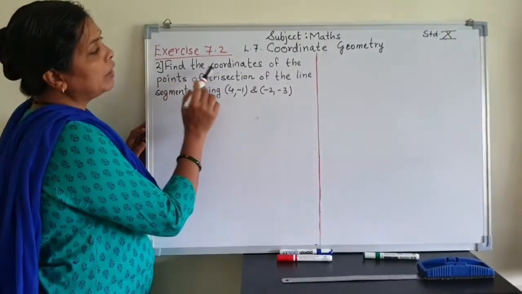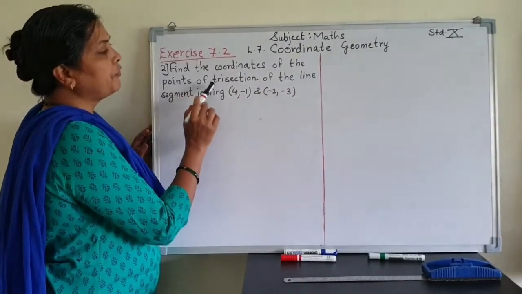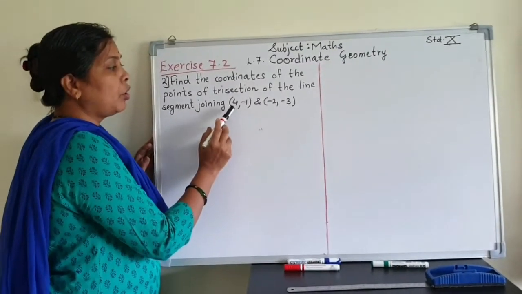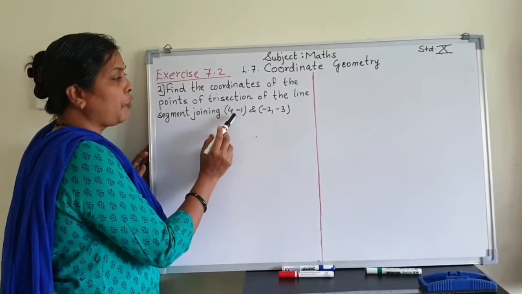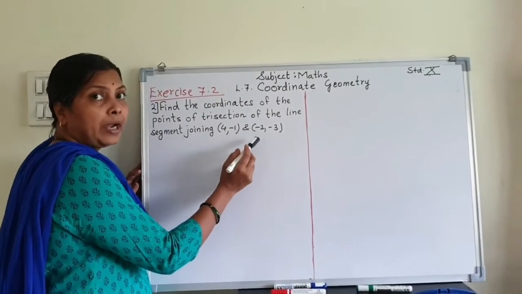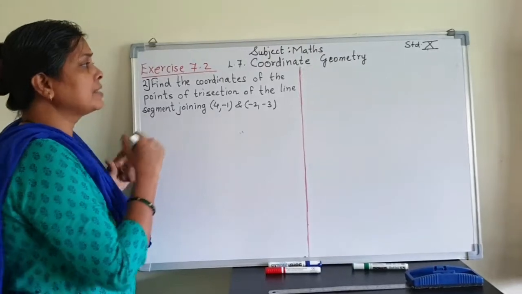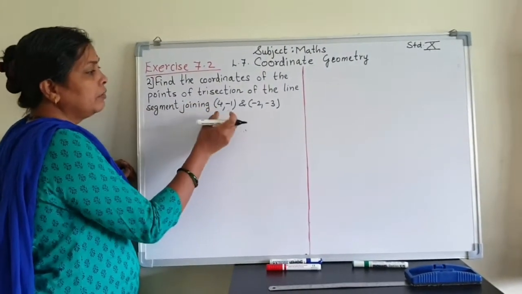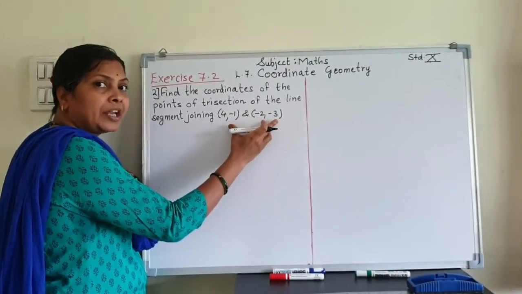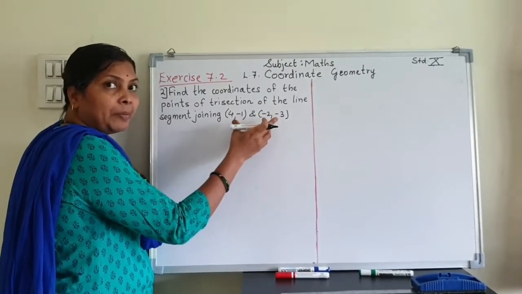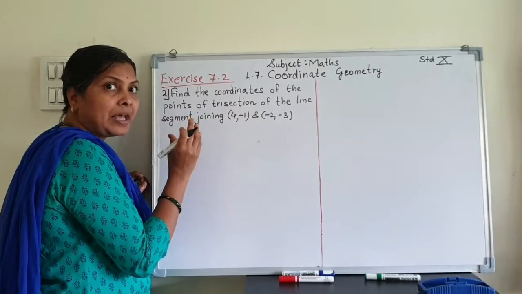Second question: find the coordinates of the points of trisection of the line segment joining coordinates (4, -1) and (-2, -3). Now while reading this sum, you can see that the coordinates of 2 points are given. It means the 2 endpoints of the line segment are given.